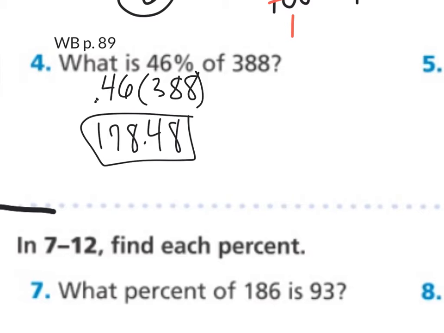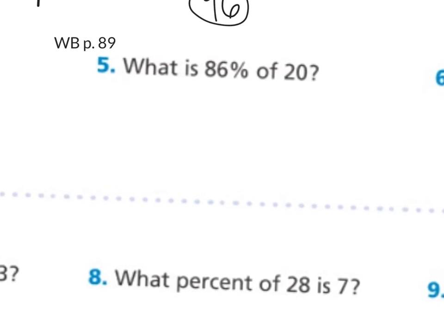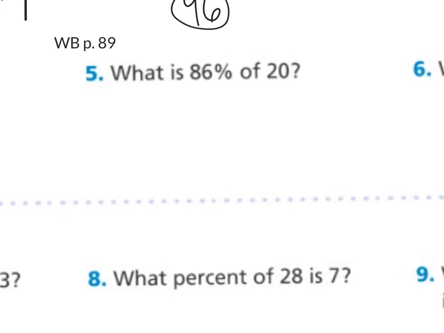If you look at number 5, 86% of 20. That's a big portion of 20, so it's going to be right up there, maybe 18 or something. We'll see how it turns out. We work that out and we get 17 and 2/10, so that's about what I was expecting also.